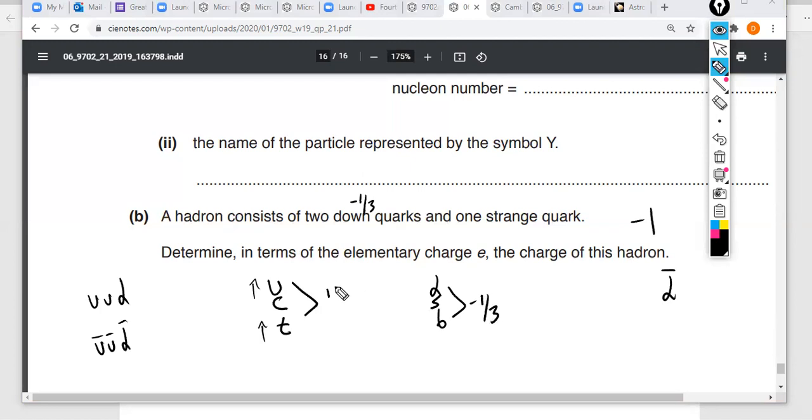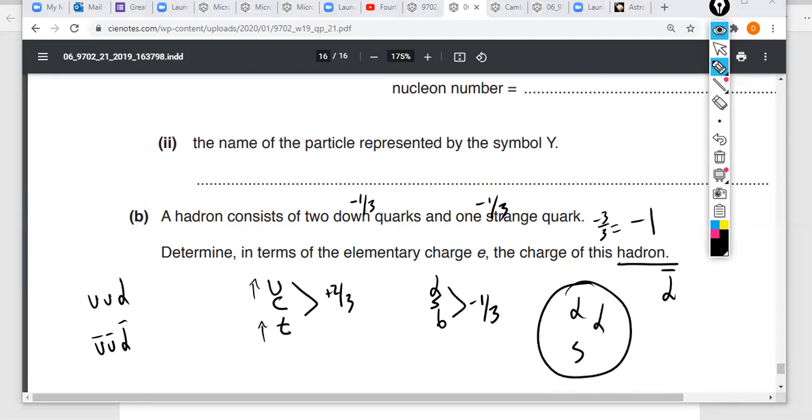These are the guys with +2/3. So down and strange are all in the -1/3. So it's -1/3 plus -1/3 plus -1/3 is -3/3, which is -1. So -1 elementary charges. The same charge as an electron, except an electron is not a hadron. This is something that's made up of quarks. So this thing has down, down, strange.